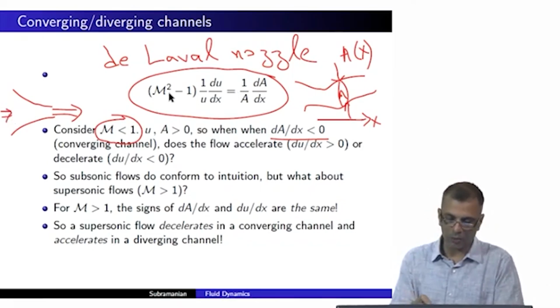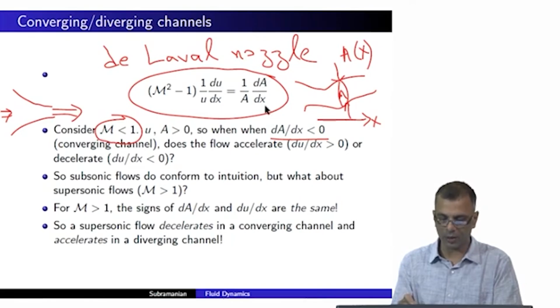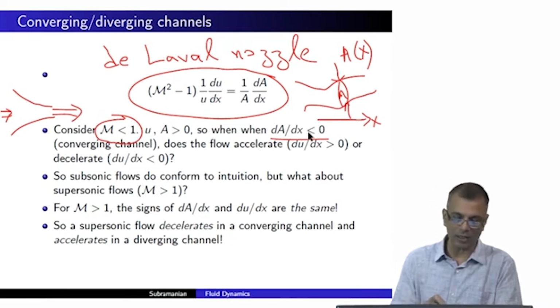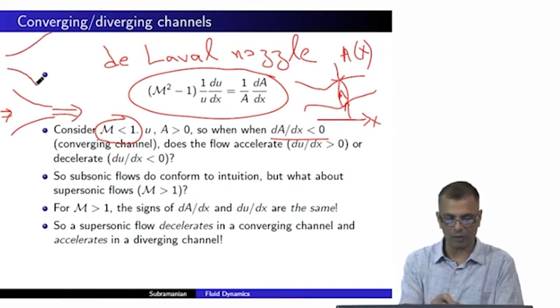When M squared is less than 1, this quantity is negative. Therefore, this has to be positive. So the flow accelerates when dA/dx is less than 0, and the flow decelerates when dA/dx is greater than 0, as for a diverging nozzle.